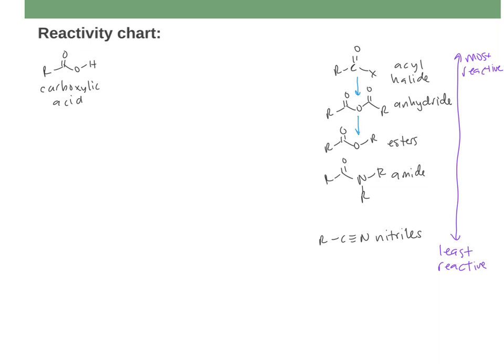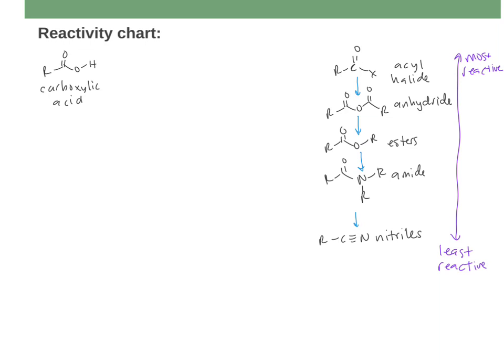I can turn an anhydride into anything below it, but I can't turn an anhydride into an acyl halide. That's going up in energy. It's not as stable, and so I can't move up this ladder. I have to move down this ladder, and so I can move down and down and down this ladder like this. All right, so I can turn an ester into an amide in a fairly straightforward manner, but I can't turn an ester into an acyl halide in a straightforward manner.